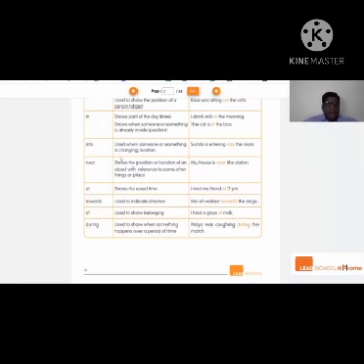Last one, "during", used to show when something happens over a period of time. Period means what? There is a start time, there is an end time. That is called a period of time. If any event is happening during that time, we call that a period.